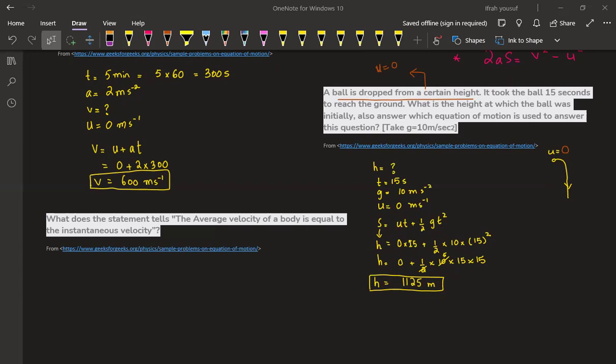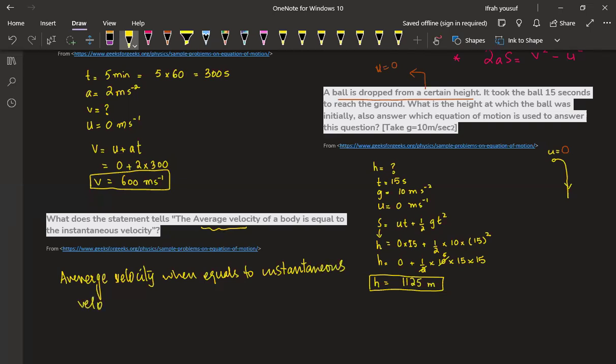Okay, so you just need to write the answer in this way: since they are using the word average velocity here, average velocity equal to instantaneous velocity means there is no variation in the motion, right?